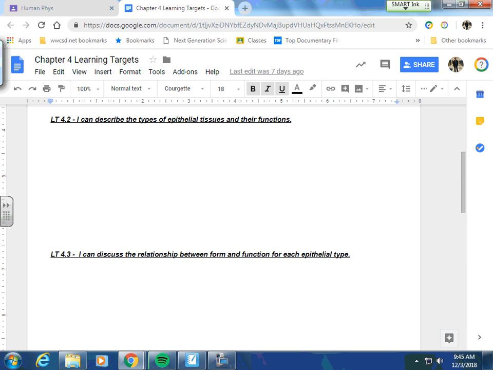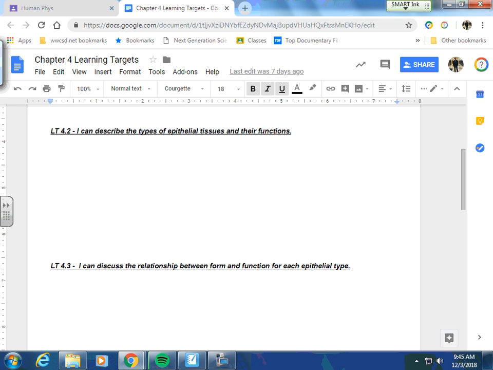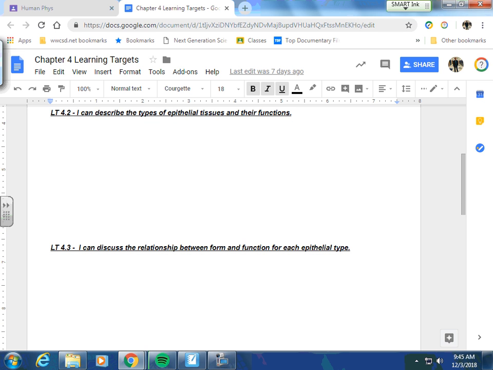Okay, learning target 4.2. I can describe the types of epithelial tissues and their functions. So we know epithelial tissues line surfaces. There are 6 types that you're responsible for. We have 3 simples and 3 not simples.